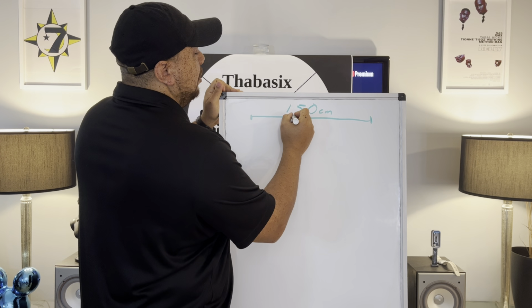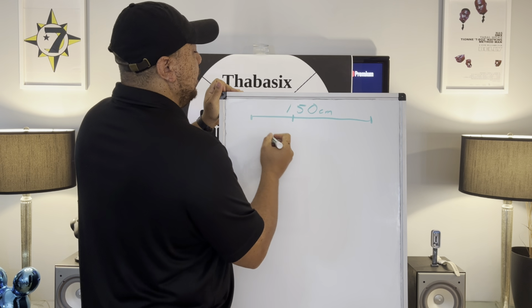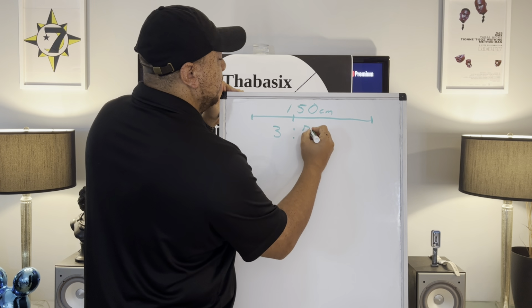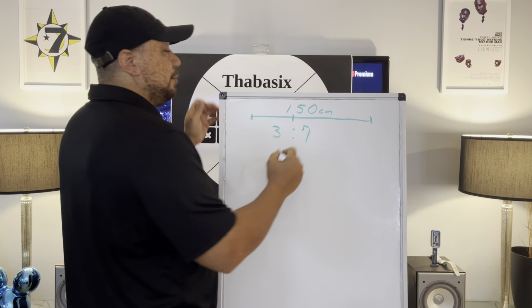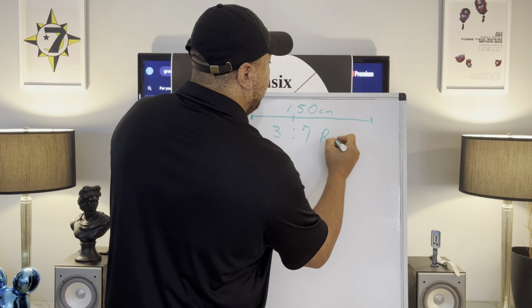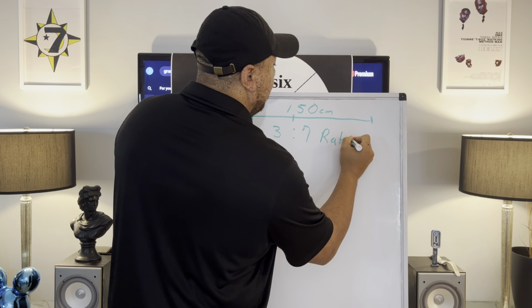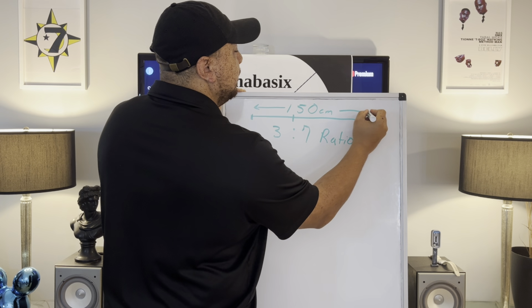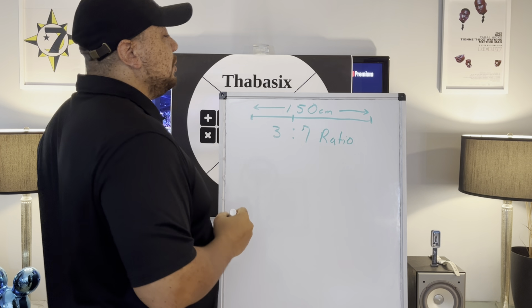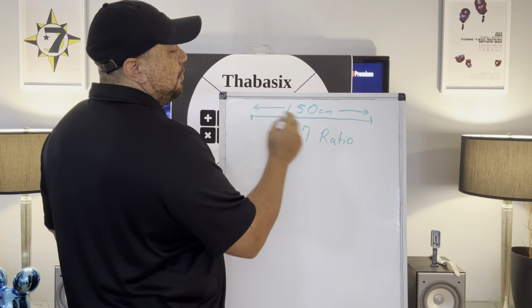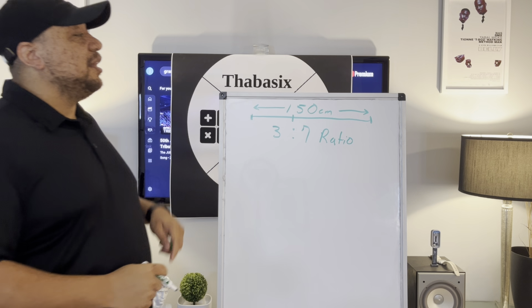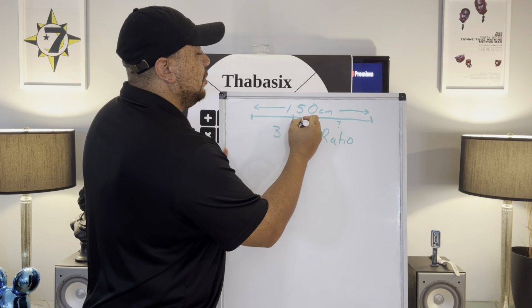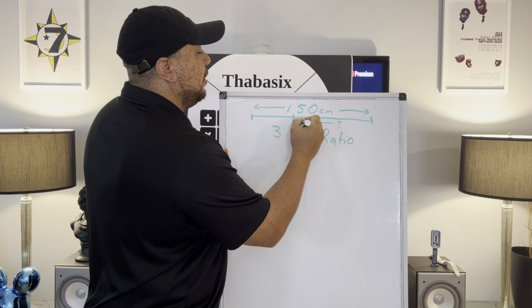So the total length is 150 centimeters. The question I had was, if it's a 3:7 ratio, what's the length of the longer side?